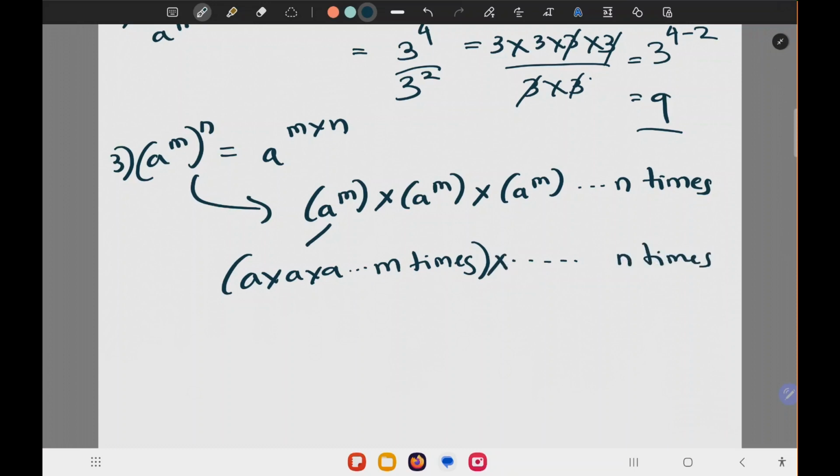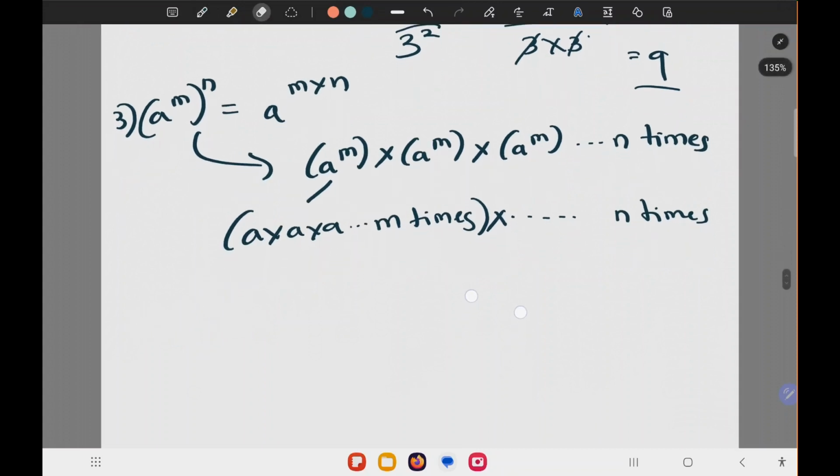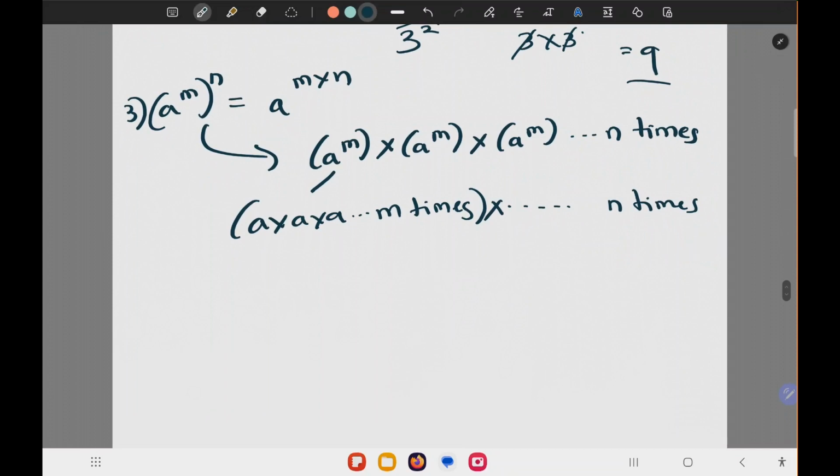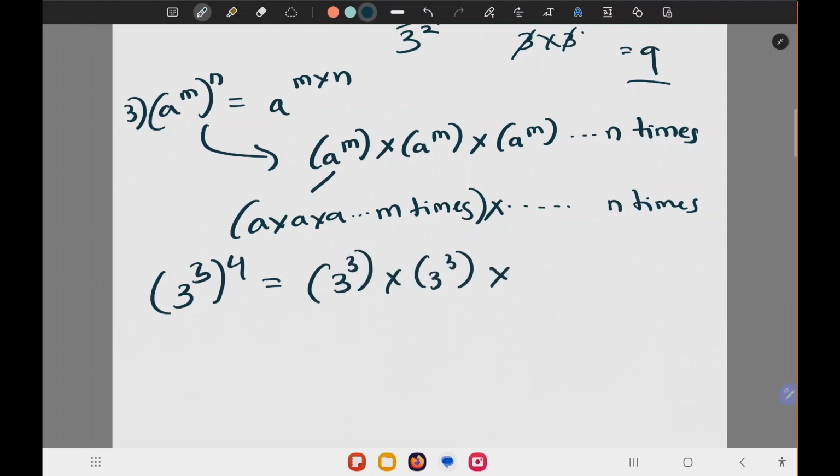So let's say we had 3 to the power 3, the whole thing to the power 4. Let me write this a bit more clearly. So this would be 3 to the power 3 times 3 to the power 3 times 3 to the power 3 times 3 to the power 3.